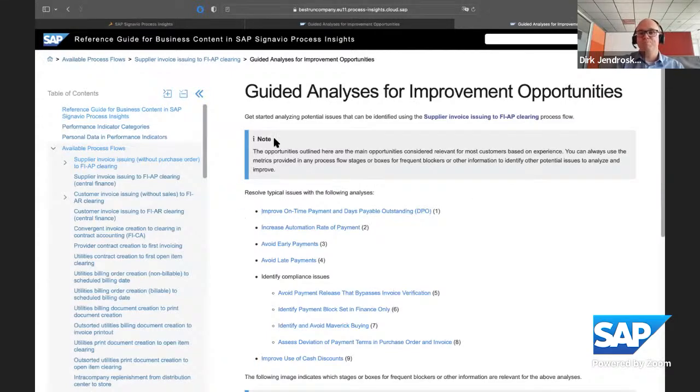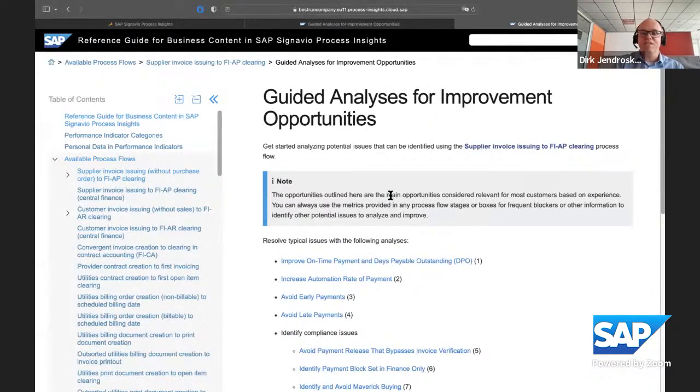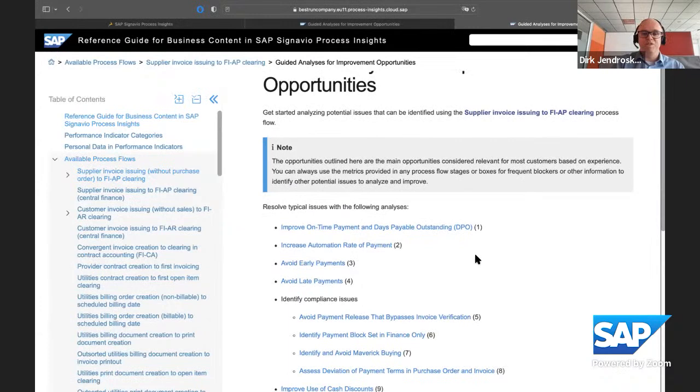So what are the typical issues you can now resolve using Process Insights? For this process, you have recommendations on how to improve your days payable outstanding. You have improvements on your automation rate and how to do this one.